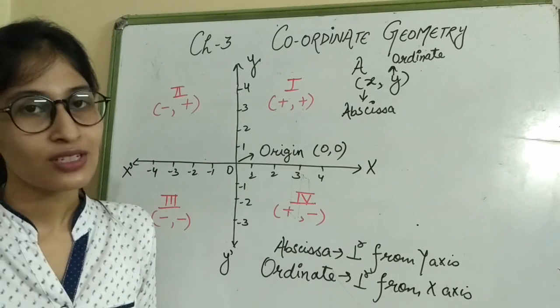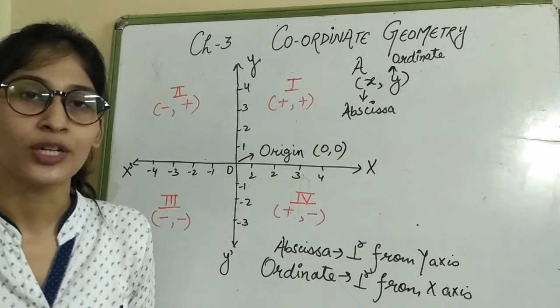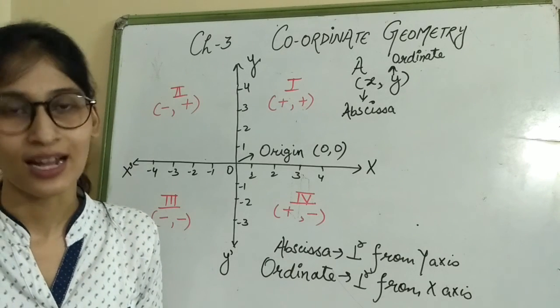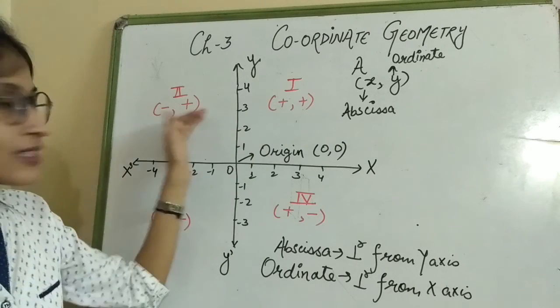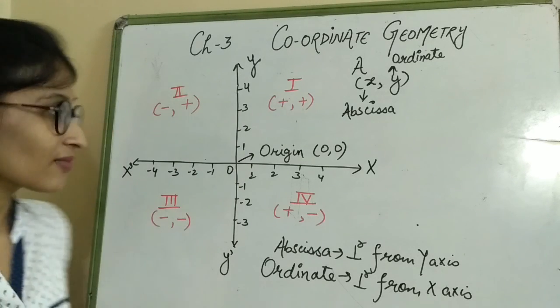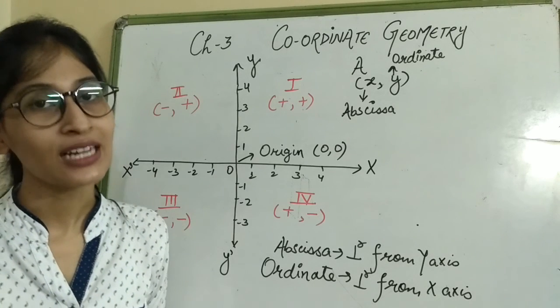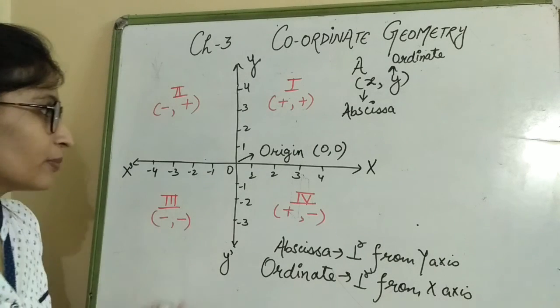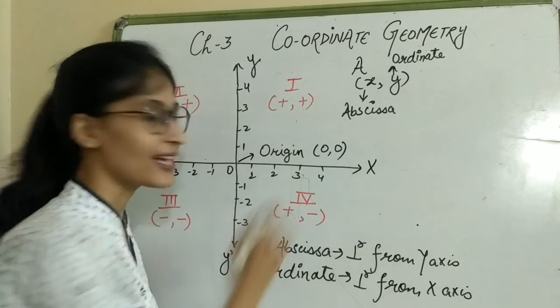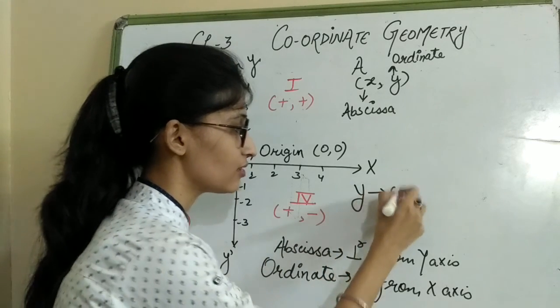Many a times questions are asked where you are given with certain points and you have to denote in which quadrants these points are lying. So learning these signs will be helpful in solving these types of questions. Next, there are conditions where the point lies on the axis. For example, when a point is lying on the x-axis, the y coordinate will be 0.